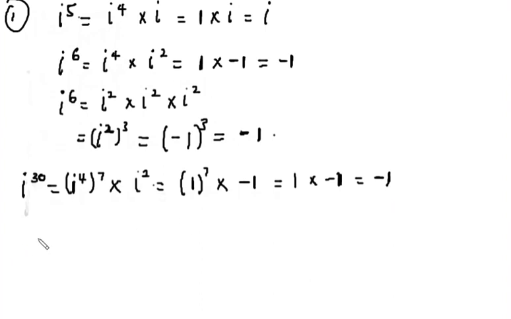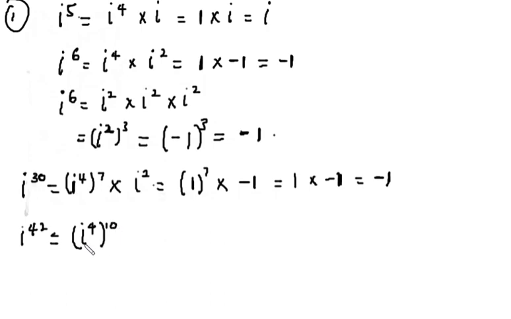Okay. So let's take another example. If we have i to the power of 42, how do we solve this problem? You can also pause the video and try this one out yourself. For this problem, we can break down 42 into i to the power of 4, which happens 10 times.